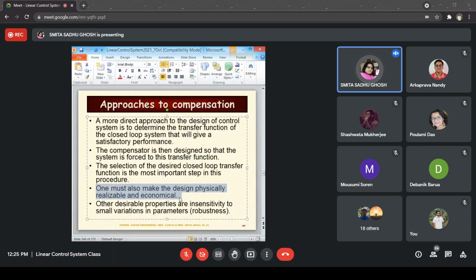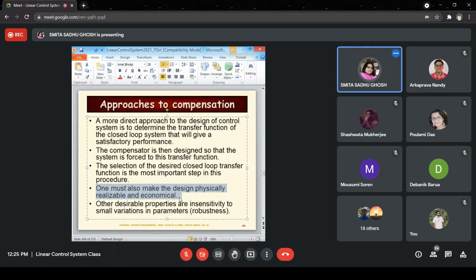You would be familiar with these terms: strictly proper and proper. The denominator order should essentially be either greater than the numerator order or at least equal to the numerator order. You cannot have a system where the order of the numerator in the transfer function is greater than the order of the denominator, right?